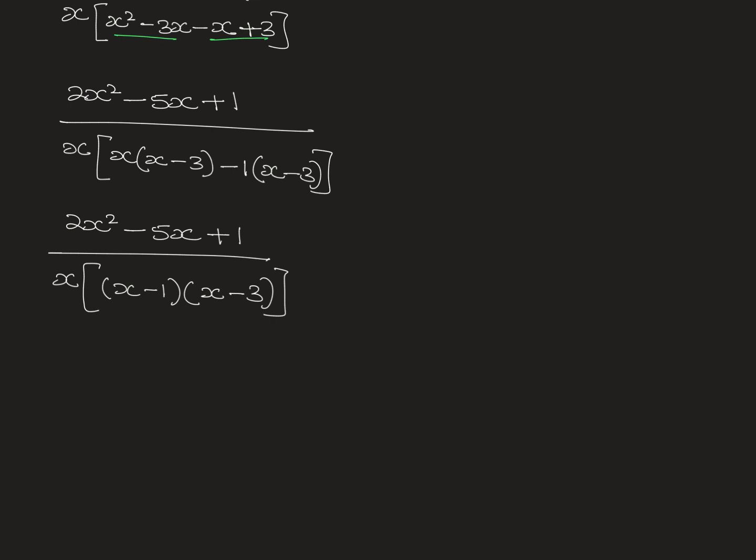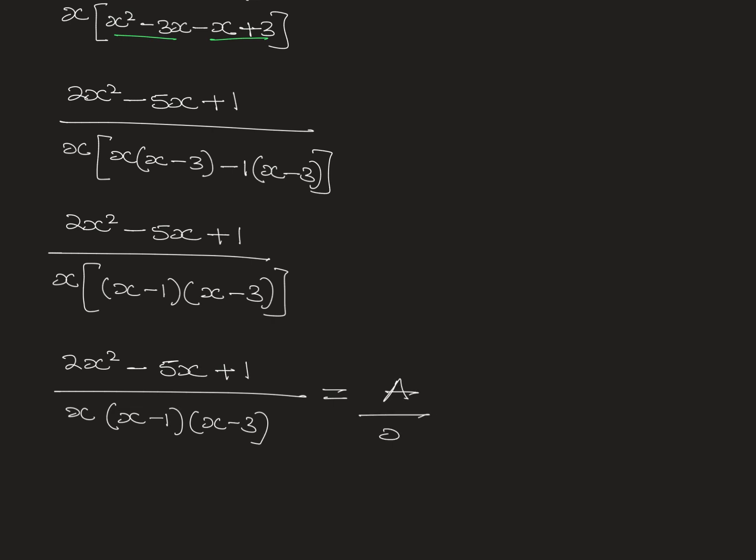All right? So we're going to have 2x squared minus 5x plus 1 all over x into (x minus 1) into (x minus 3). We can say this is equal to A all over x plus B all over (x minus 1) plus C all over (x minus 3).